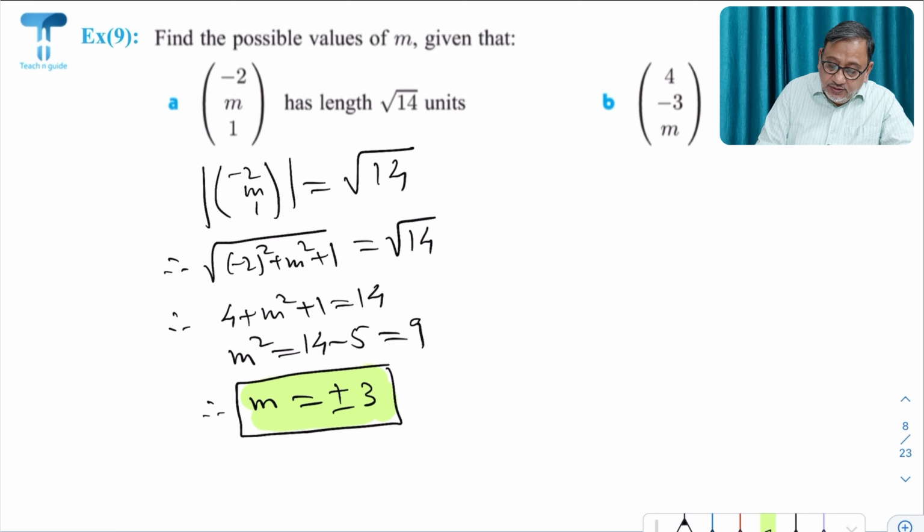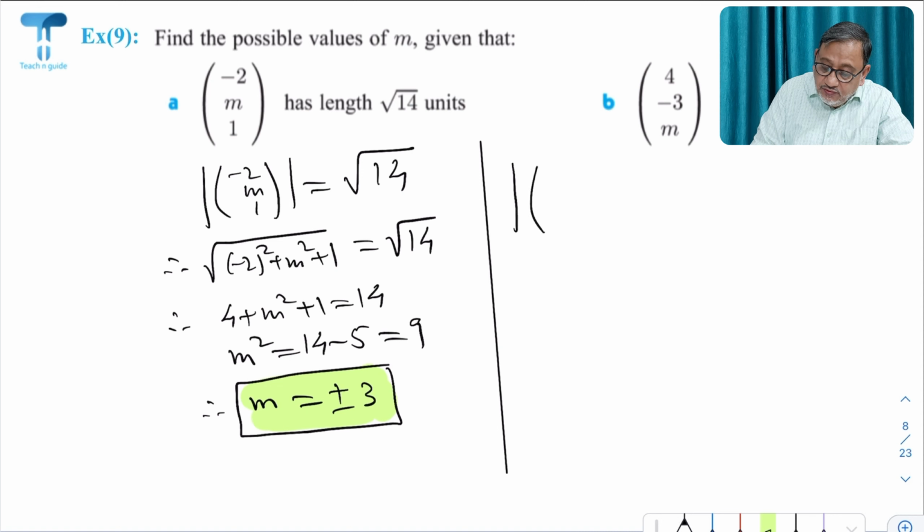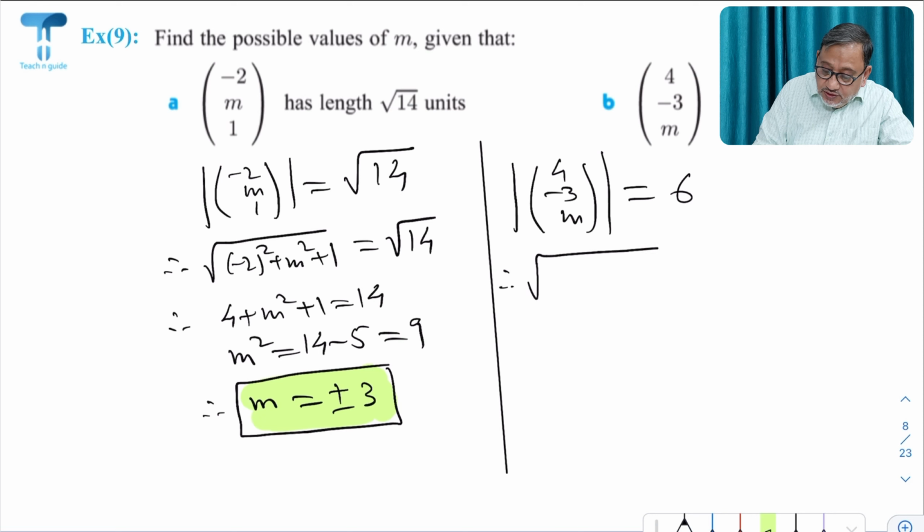Second part, should I do it? Okay, let me do it here and then I will stop. So the magnitude of the vector (4, -3, m) is equal to 6 units. Therefore the square root of 4 squared plus (-3) squared plus m squared is 6.